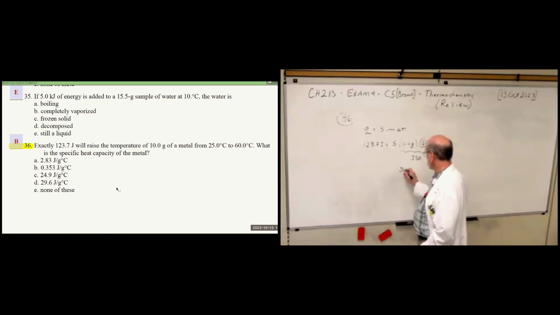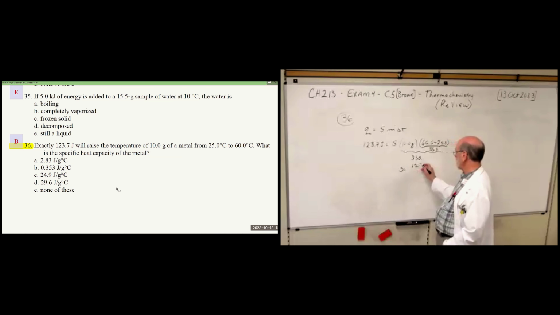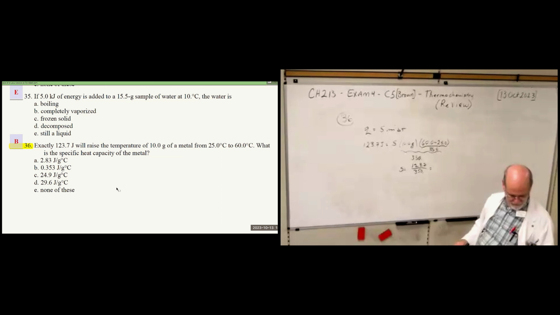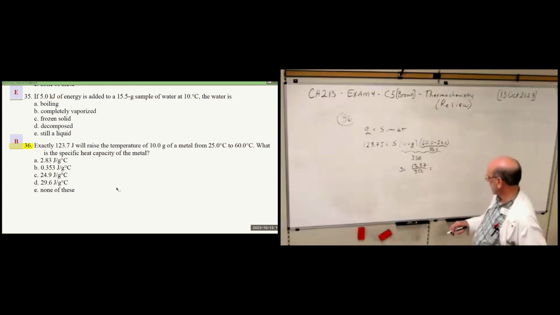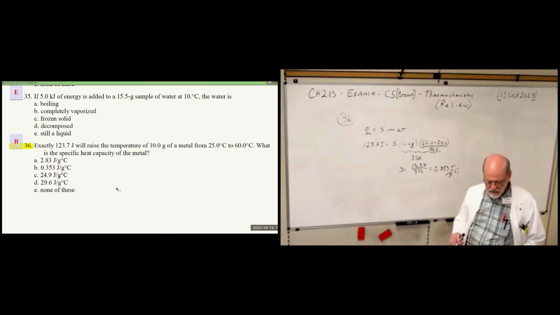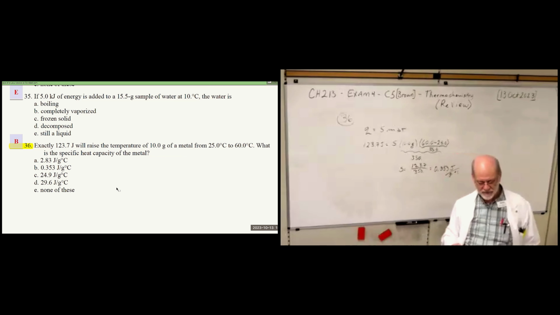So S is going to be 123.7 divided by 350. I get 0.353 joules per gram degree C. B is your answer.